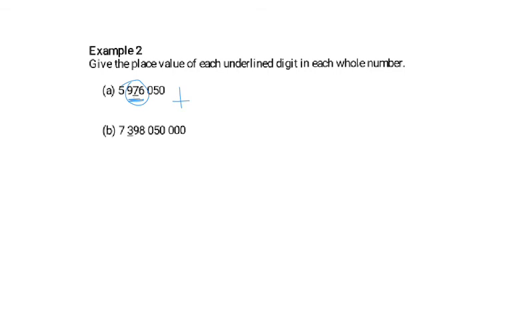So its place value is 10 thousands. Okay, so that 7 is worth 7 times 10,000 or 70,000.